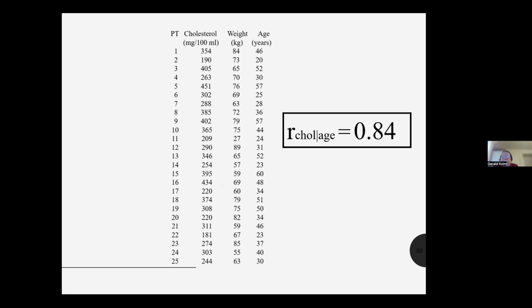If we want to look at the correlation between cholesterol level and age, and we calculate that out, we find it's 0.84, which is a pretty high correlation. So there's a pretty strong relationship between cholesterol level and age, and it's positive. As a person increases in age, their cholesterol level is going up.